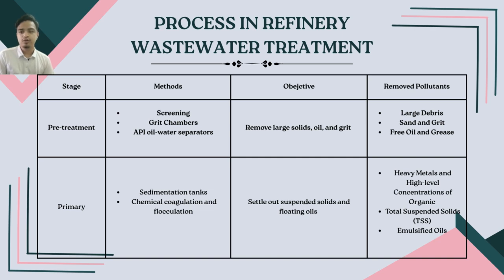Next, for the process in refinery wastewater treatment, there are 3 to 4 stages, of which the first stage is pre-treatment. The methods are screening, grit chambers, and API oil water separators.